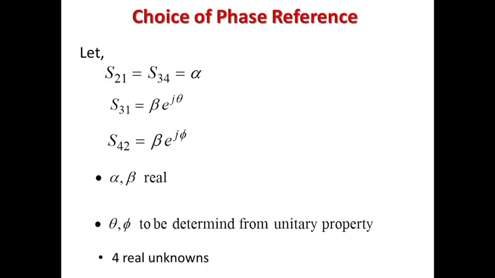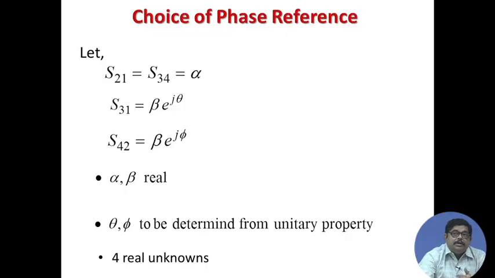S21 means I have given power at port 1, I am taking it at port 2, so that one we are taking as reference. So, alpha is a real number. S34 means I am giving power at port 4, taking at 3, that is totally unconnected with S21, because S21 is power given at port 1, S34 is power given at port 4.